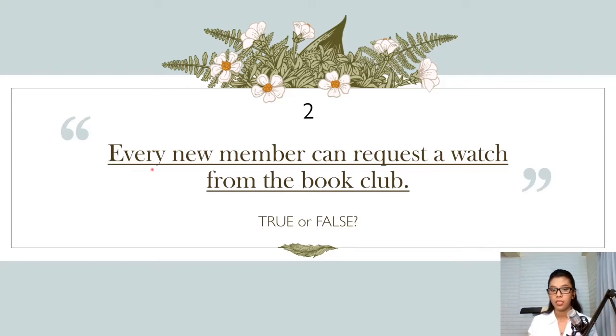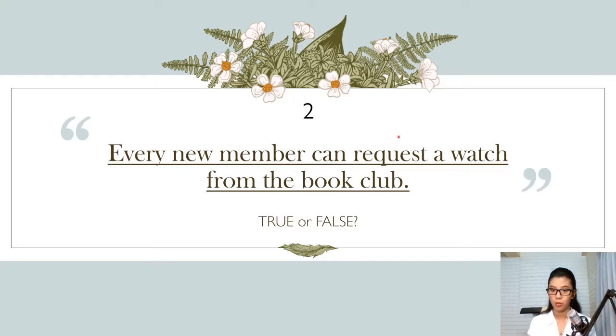Okay. Every new member. How do you become a new member? By sending them the book order form, because you send them the proof that you have already really ordered a book from their club in order to become a member. So immediately after you become a new member, because you see every single new member can request.